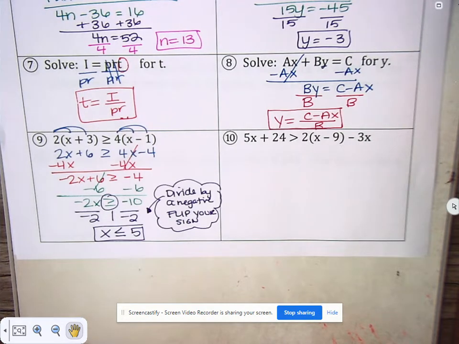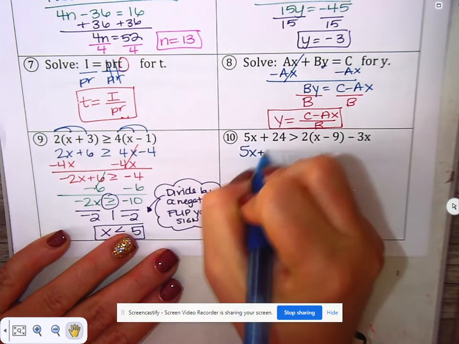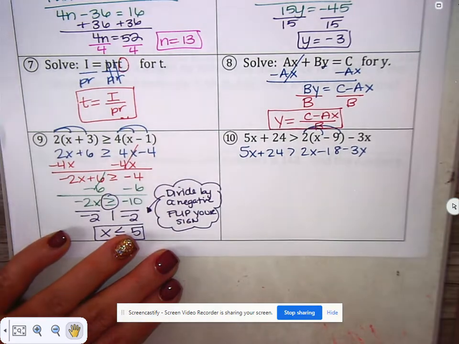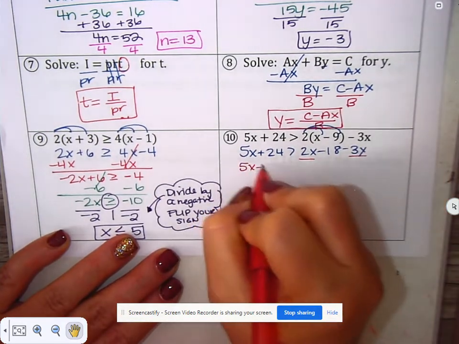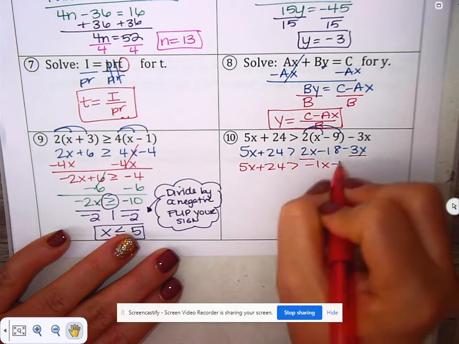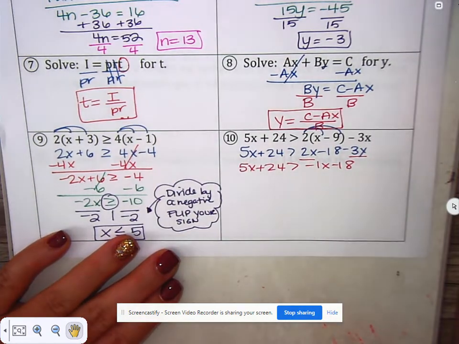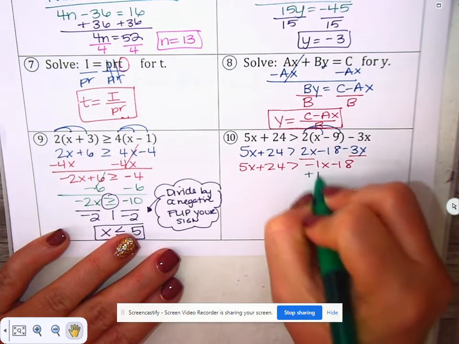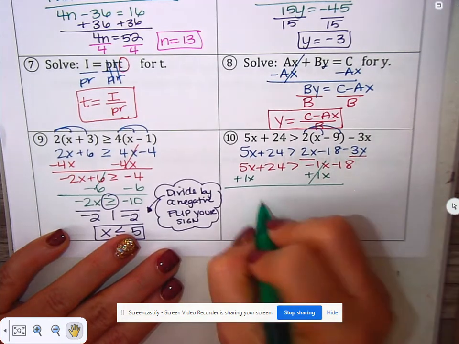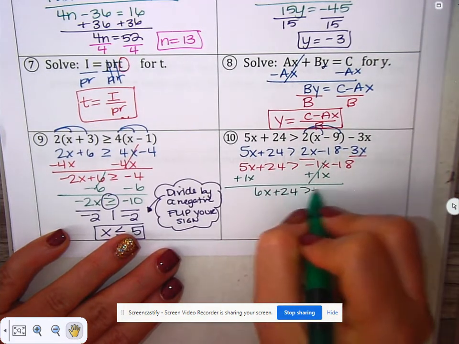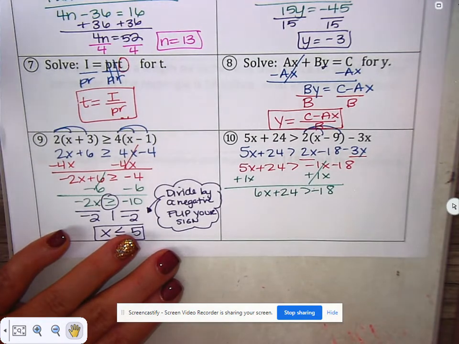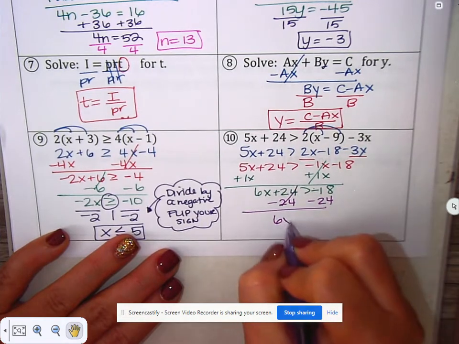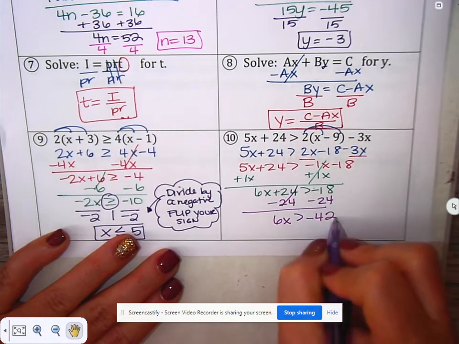Okay. All right, number 10. Left side stays the same. 2x minus 18 minus 3x. Combine our like terms here. Two negatives stay negative.